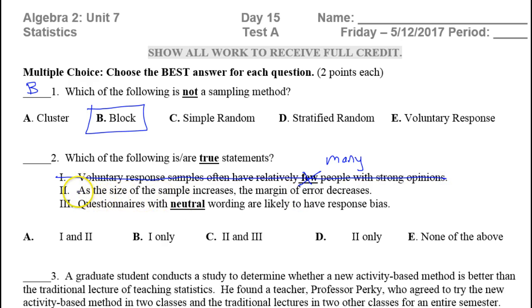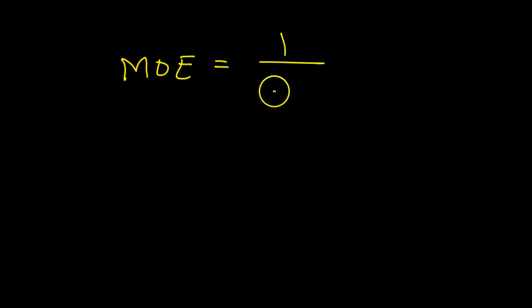Okay, now number 2, as the size of a sample increases, the margin of error decreases. Well, okay, you know what? We didn't really talk about that yet. Okay, this is the formula for simple margin of error. It's 1 over the square root of n, where n is the sample size.